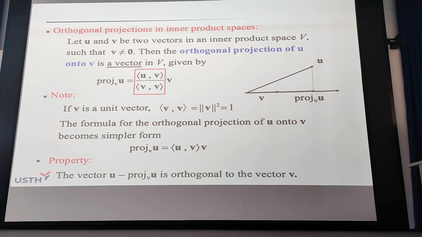And at this point, I want to insist that if you remember from high school, when you take the orthogonal projection, the dotted line here is orthogonal to the line here. That is why we call it orthogonal projection. And that is described in the property: the vector U minus the projection of U on V is always orthogonal to the vector V.